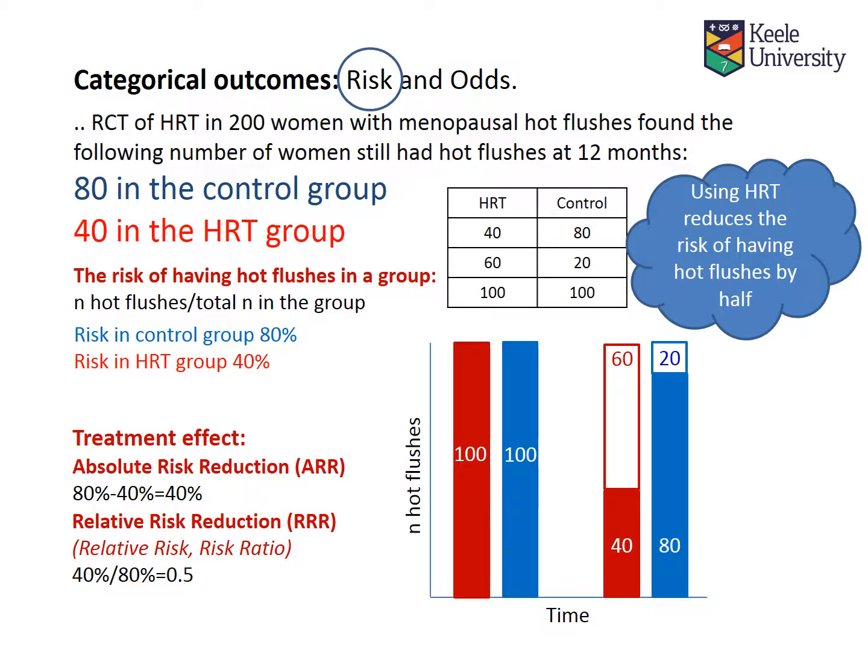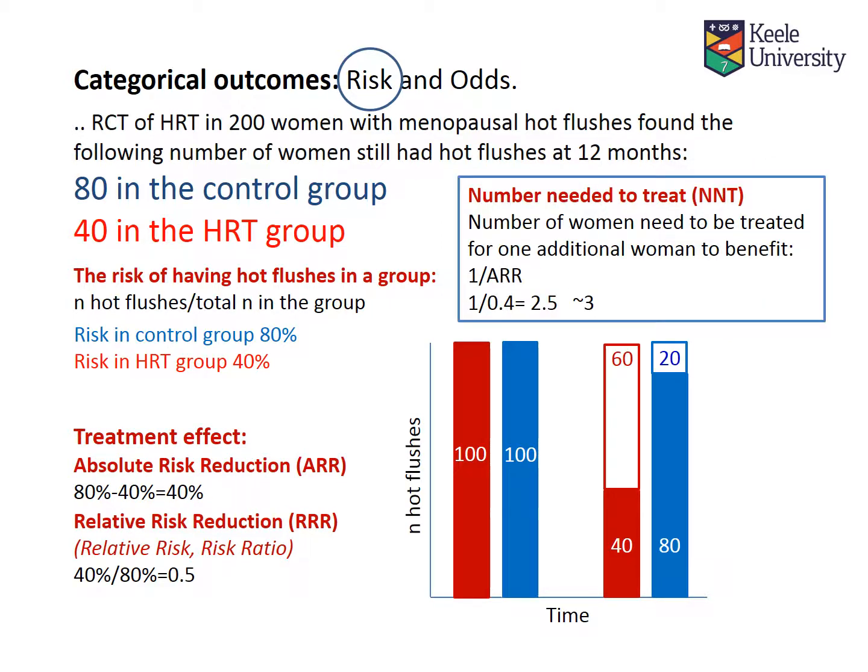So your risk of having hot flushes, if you had HRT, is half your risk if you didn't. You can turn it the other way around: your risk of having hot flushes if you didn't have HRT is double, or twice, your risk of having hot flushes if you were taking HRT.